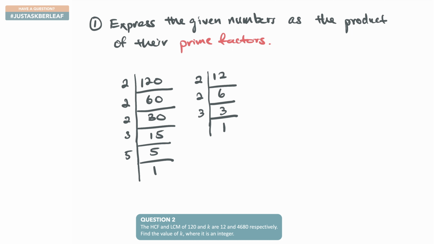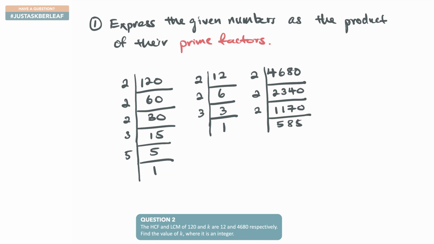Okay. So moving forward to look at the next number, that would be 4680. Now it's an even number. As such, we can divide it by 2, giving us 2340. Another 2, which gives us 1170. Okay, and divide by 2 again, that's giving us 585.